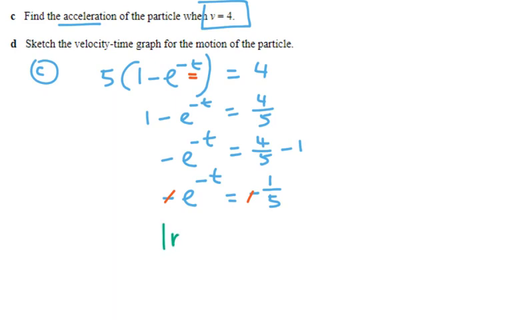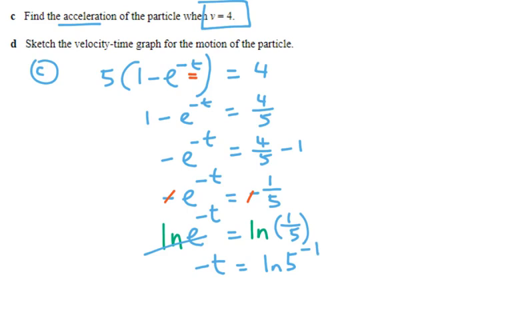So adding ln to both sides, you will be able to get negative t equivalent to ln of 1 over 5. Okay, so with this the exponential and ln can be cancelled off. So negative t will be equivalent to ln of 5 to the power of negative 1.